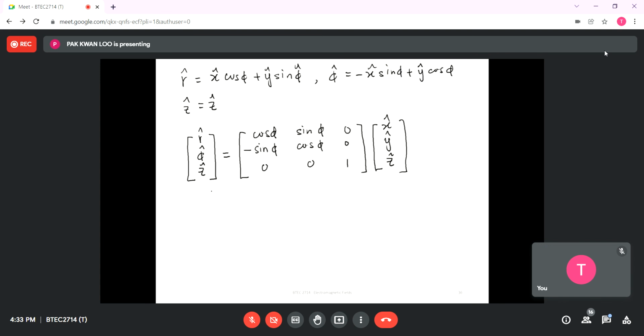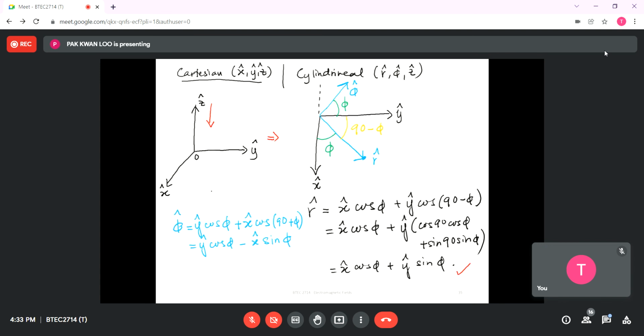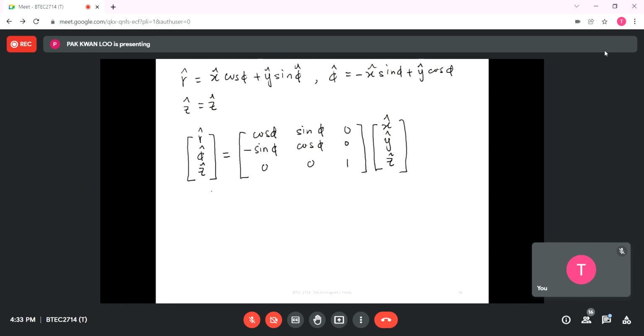So this is my explanation for our revision of the mathematics fundamentals, up to here. Before we end, are there any questions that you would like to ask?